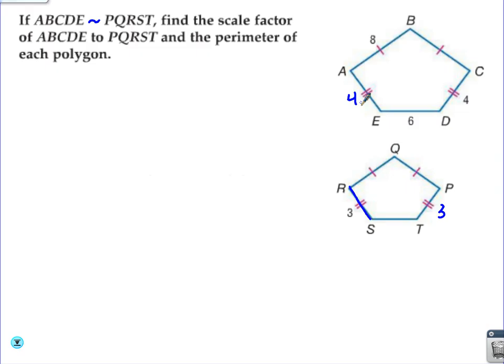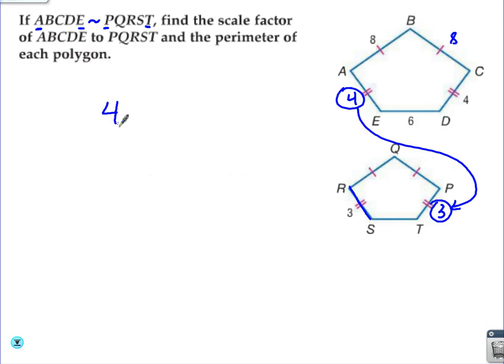Tick marks, that'll be 4. This will be 8. And we see from our similarity statement that AE is similar to PT. AE, and that's weird, it kind of flips over to the other side. AE is similar to PT.